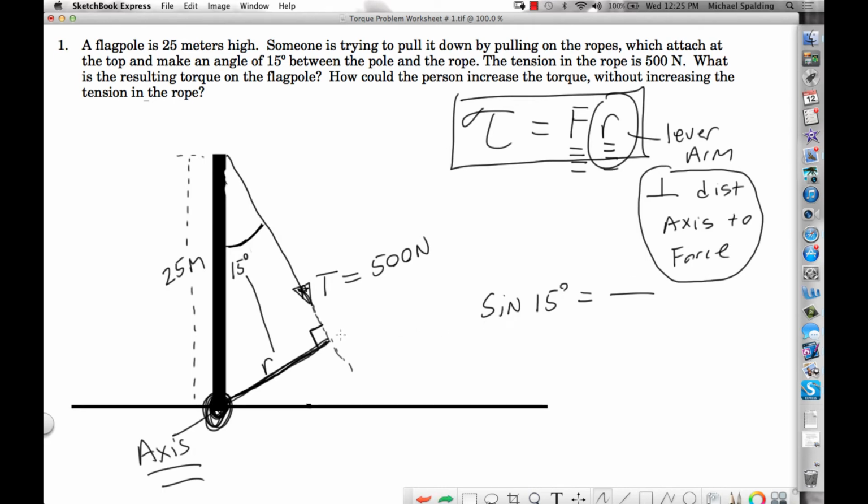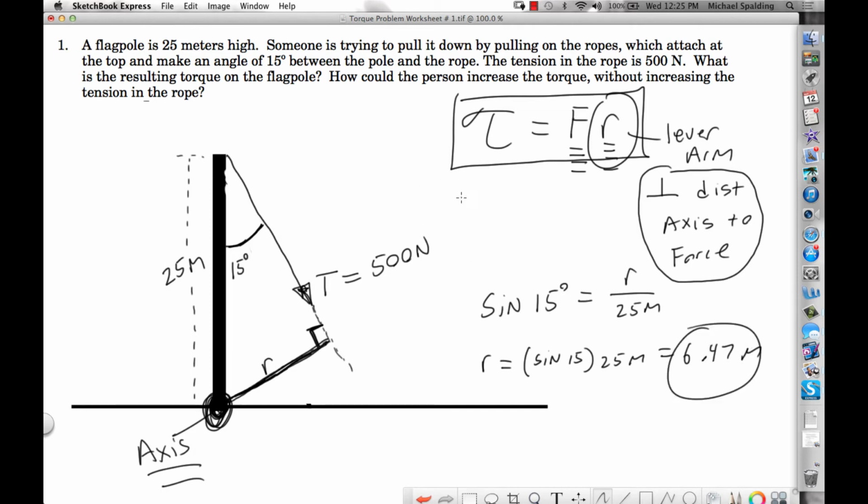R. And then what's the hypotenuse? Tension, which is 500 newtons. No, not. It's the 25 meters. Oh, it's 25 meters? Mm-hmm. That's this right here. So see the right angles right here? So over here, that's the hypotenuse. Okay? So R is going to be sine 15 times 25 meters. And that comes out as 6.47 meters.